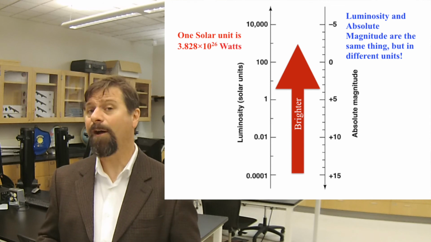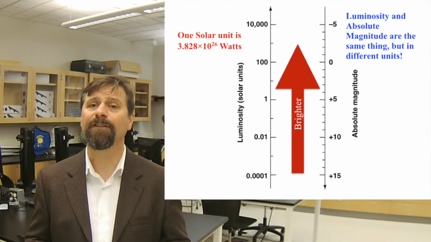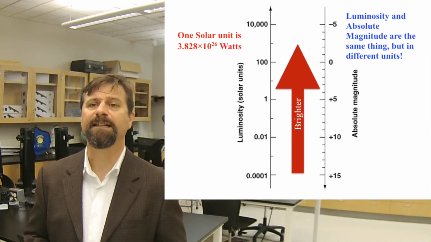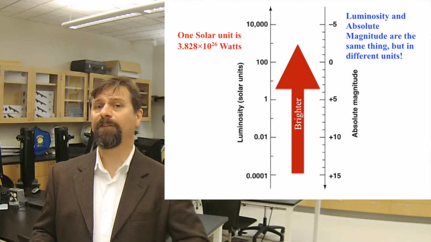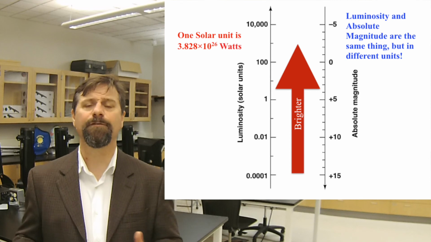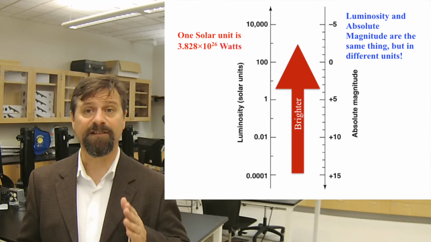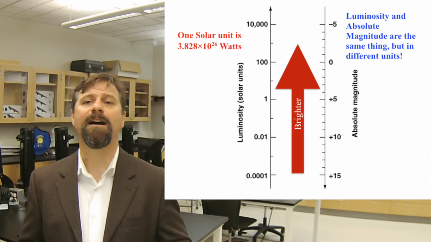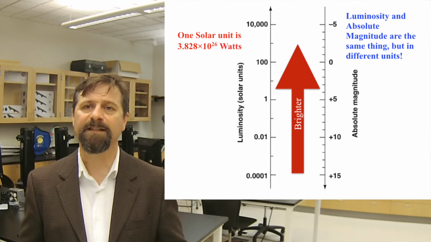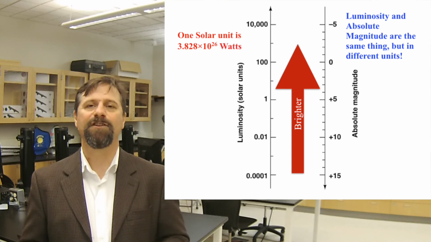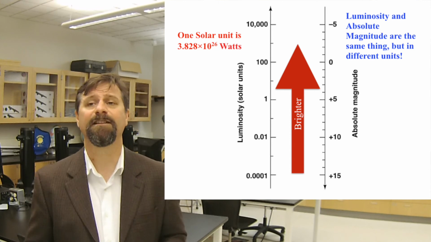And if it is 1/10,000th of a solar luminosity, then it has an absolute magnitude of plus 15. So you'll notice that whereas the magnitude system is linear, the luminosity is exponential. That's the nature of a logarithmic relationship. So that's how bright we can look at it, and it's another way of thinking about it.